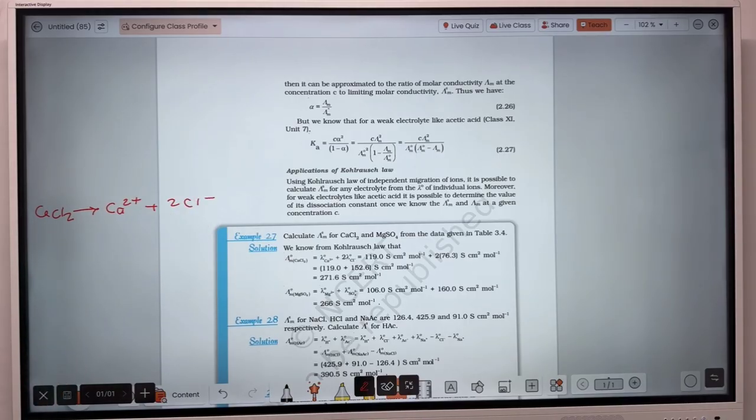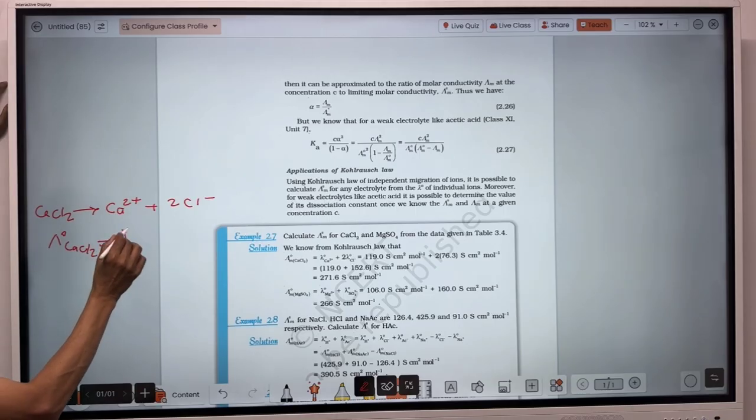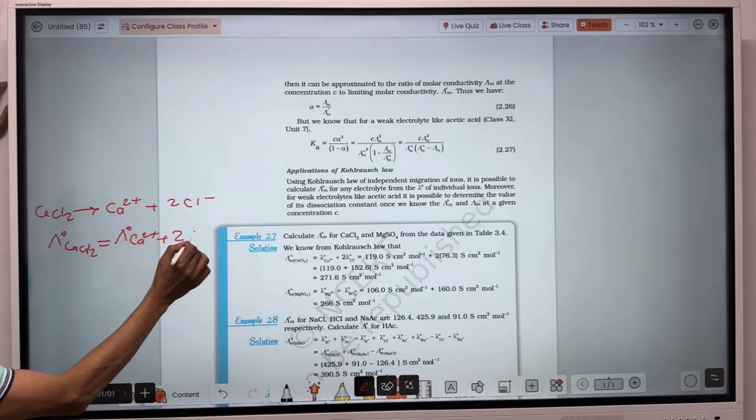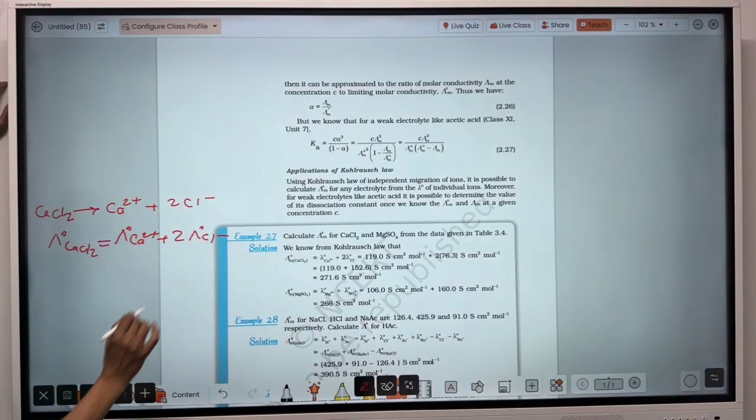So the limiting molar conductivity of CaCl2 will be equal to that of Ca2+ plus 2 times the limiting molar conductivity of Cl-.